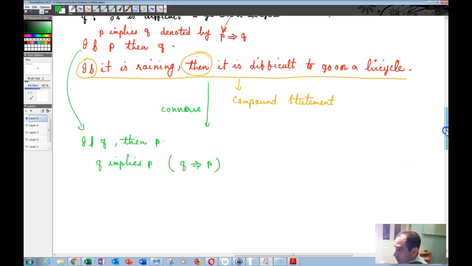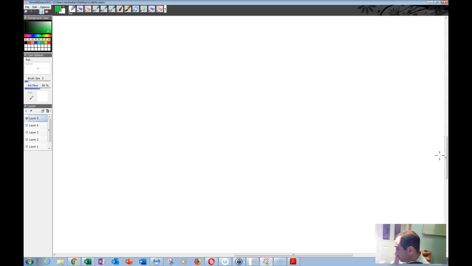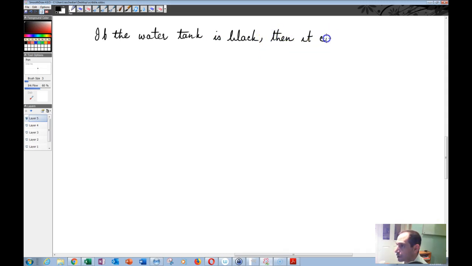Now let's take an example. There is a good example over here. It says that if the water tank is black, then it contains portable water.